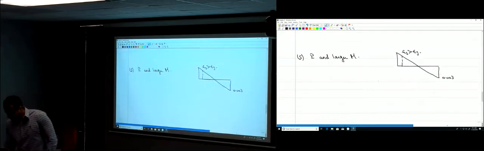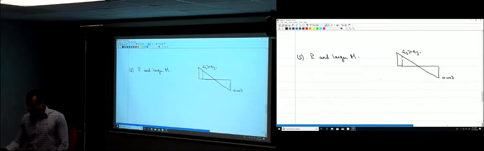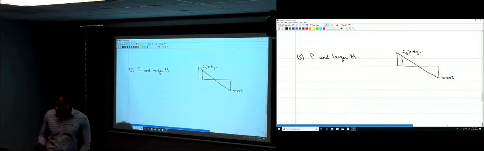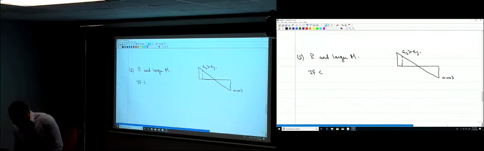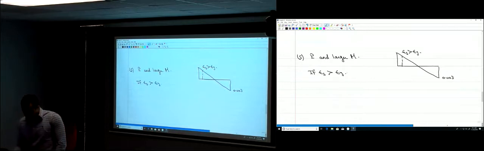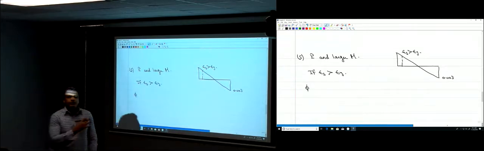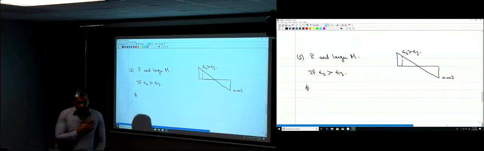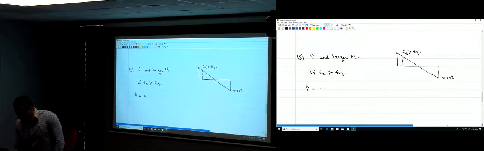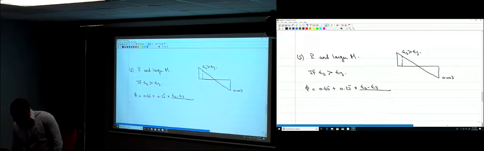Now, how much is phi? Once you reach this limit, epsilon steel is larger than epsilon yield. So how much is phi? Phi comes from the equation that we used for the beams. What is that? Phi is 0.65 plus 0.25 multiplied by epsilon steel minus epsilon yield, divided by 0.005 minus epsilon yield.